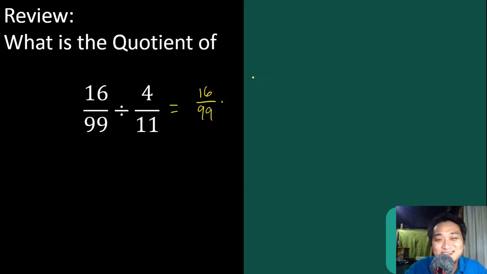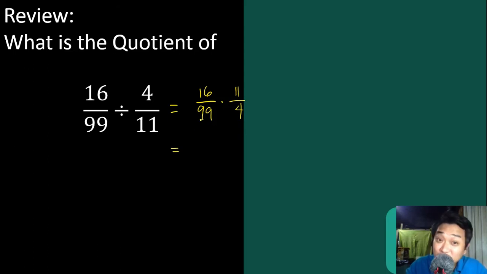Okay? So, yung numerator natin ngayon magiging 11, tapos yung magiging denominator natin is 4. So, ulitin ko lang po, copy 16 over 99, then proceed to multiplication, and then get the reciprocal of 4 over 11, which is 11 over 4.